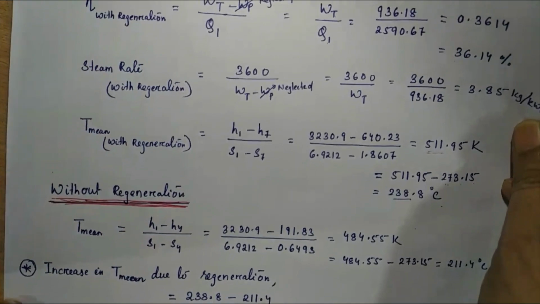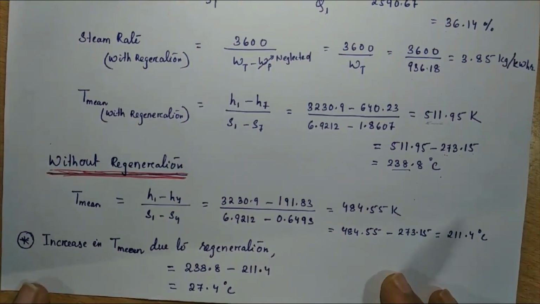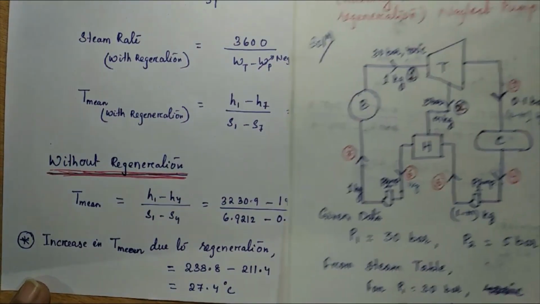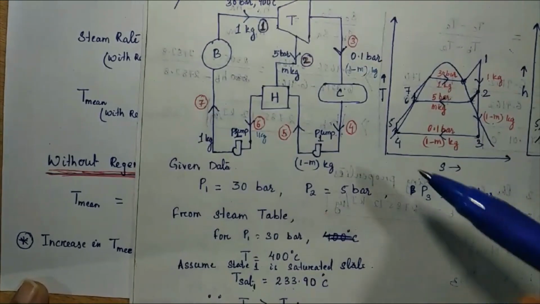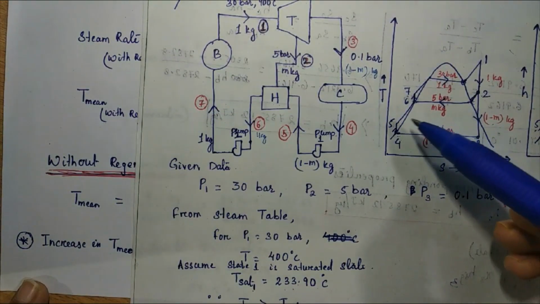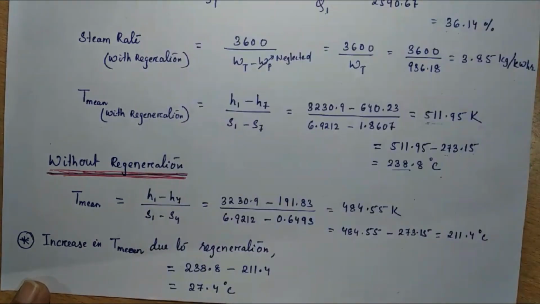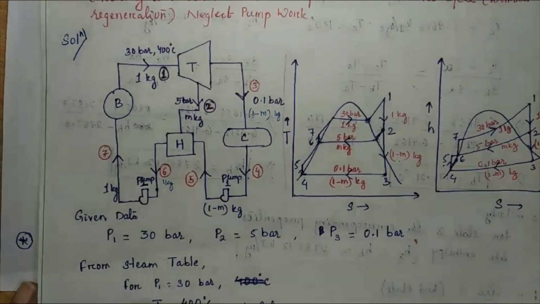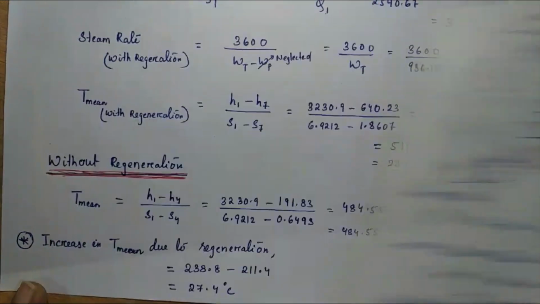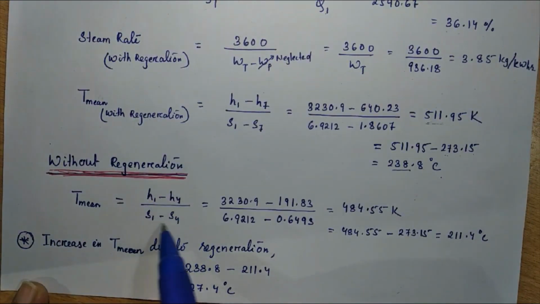So if we consider this without regeneration, the mean temperature, as 5 and 4 are one point, is H1 minus H4 by S1 minus S4.